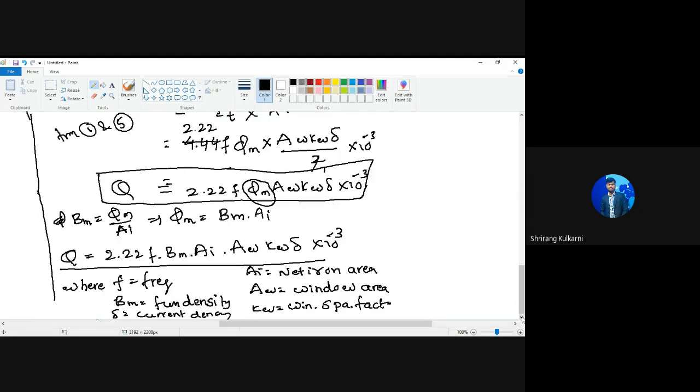In this output equation, we have flux. Flux can be replaced by flux density. Again, we rewrote the equation. It is the final equation, equation number 6. After this, you have to write all the parameters. This is the output equation of transformer.